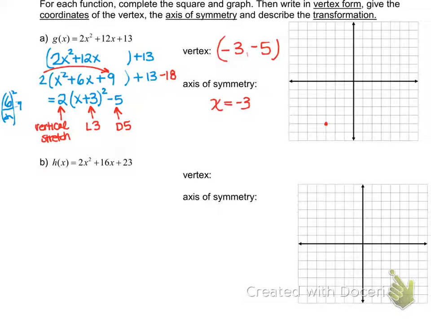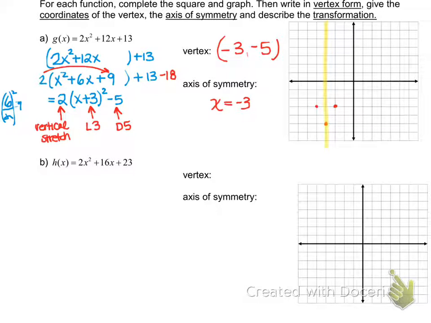Honestly, you're going to put it in your calculator and then look at all the other points you should plot. So the next thing I got is (-2, -3). Because there's symmetry through the vertex, I don't even need to look at my calculator. I also know I have the point (-4, -3).